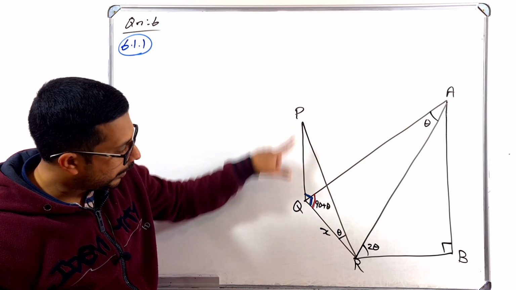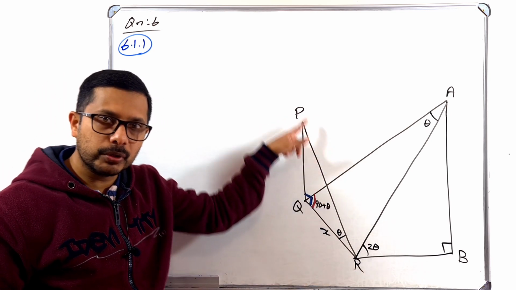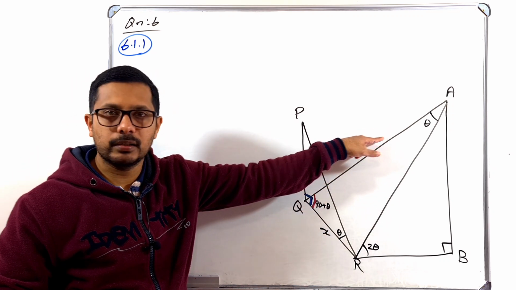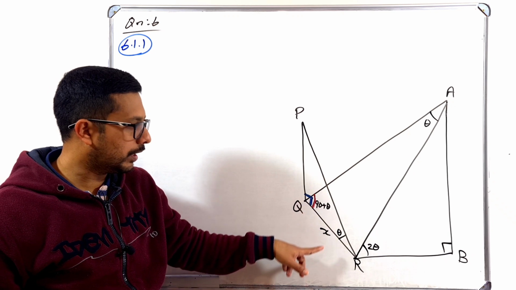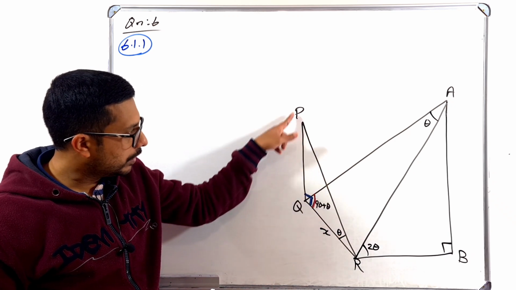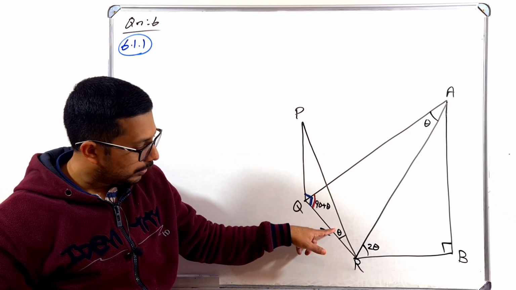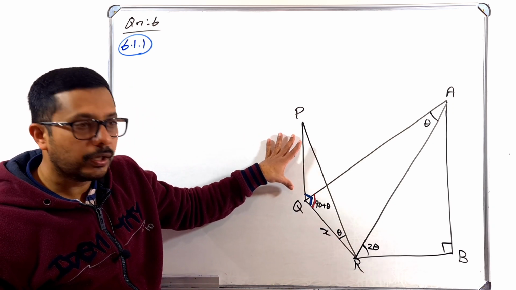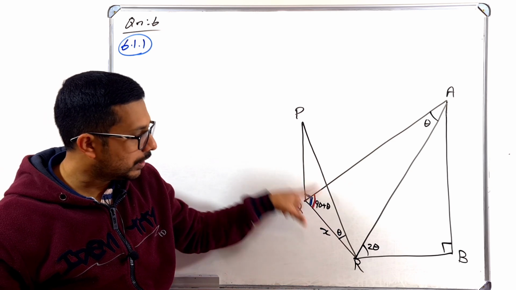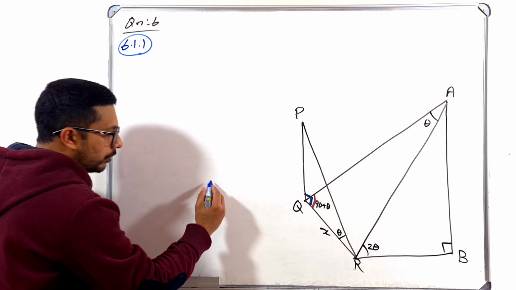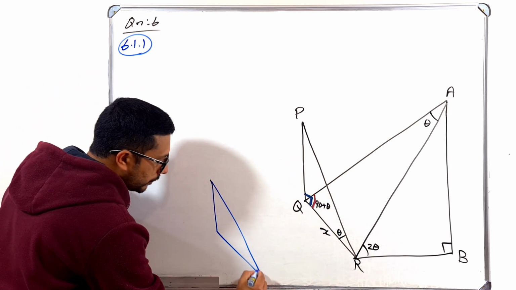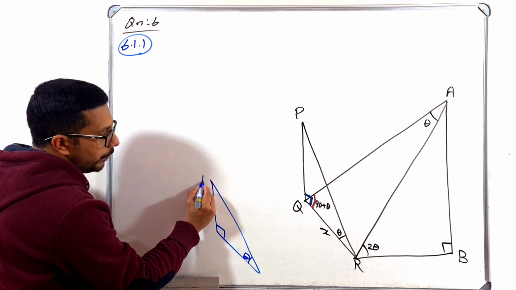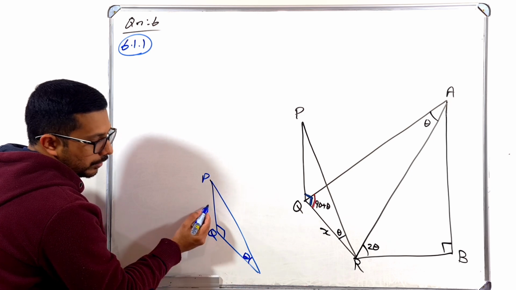Look at this triangle PQR. I'm going to consider that triangle PQR, and this 90 plus theta is based on this line. So don't take 90 plus theta. So based on this triangle PQR, look at this angle theta. So that PQ is opposite of this angle theta. Am I right? So if I draw that triangle here, this is 90 degrees. So this is theta. So this PQ is the opposite side of that theta.